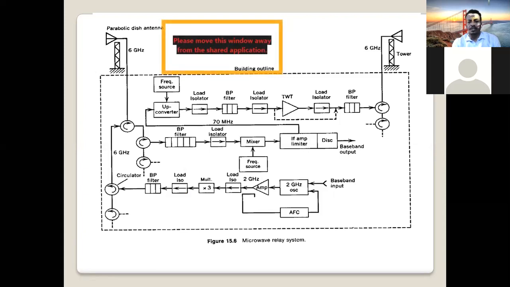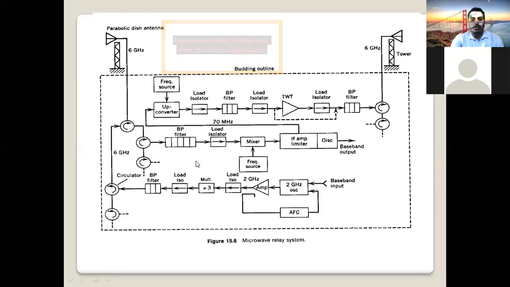It's constructed by interconnecting different components. As you can see in the diagram, different types of components are connected together by transmission lines, and it forms our microwave system here.